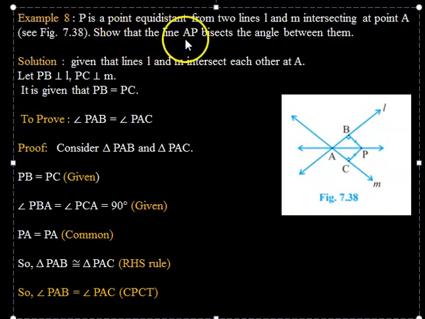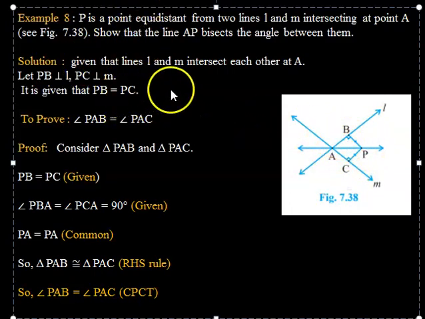We need to prove that the line AP bisects the angle between them, that is, the angle between the lines L and M. If AP bisects this angle, what does it mean? We need to prove angle BAP is equal to angle CAP.